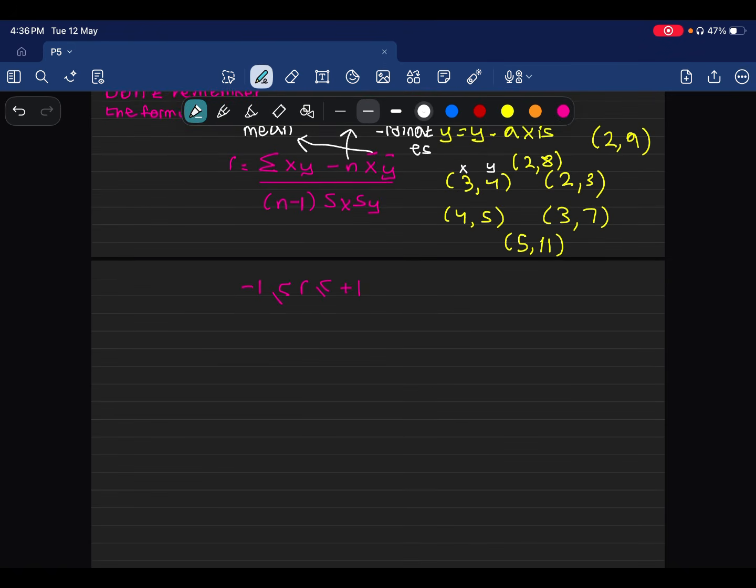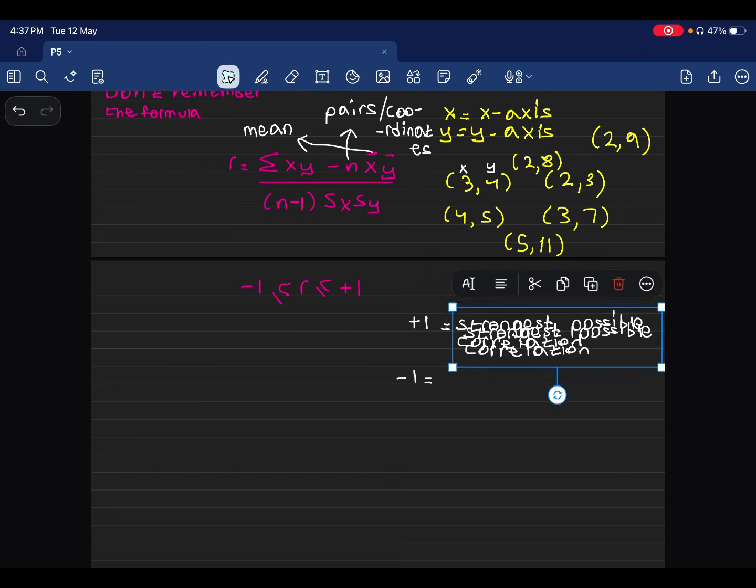Let's say that your R value turns out to be positive 1. This is the strongest possible correlation. Similarly, if your value for R is -1, this again is the strongest possible correlation.